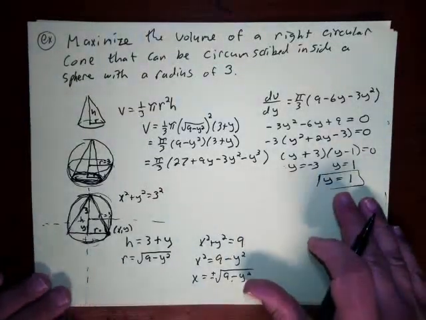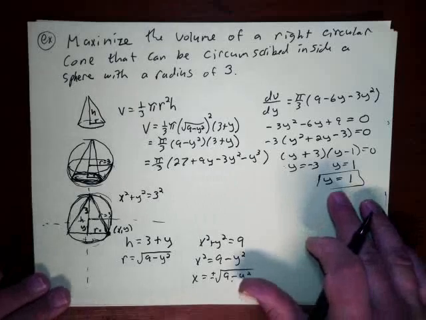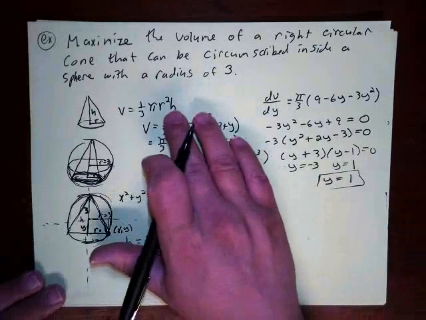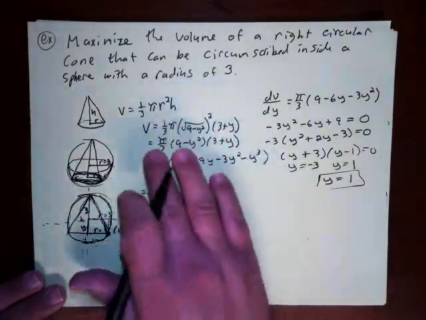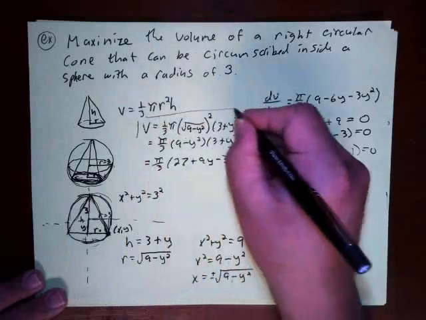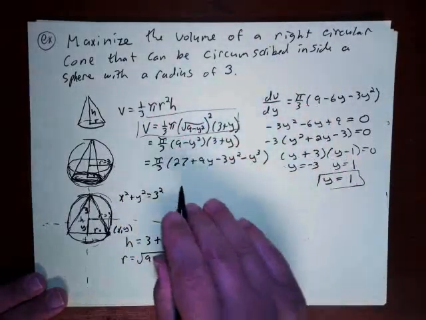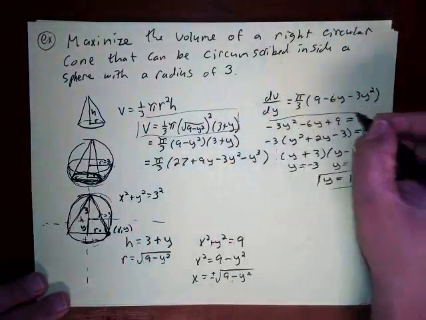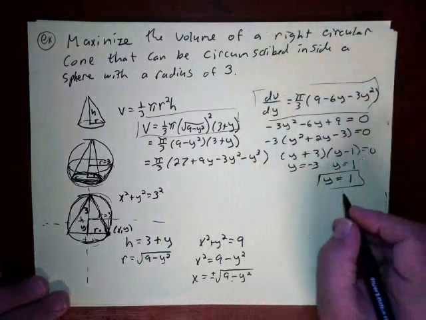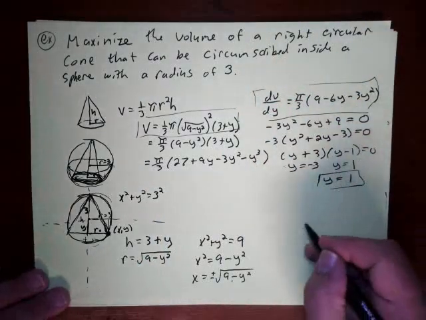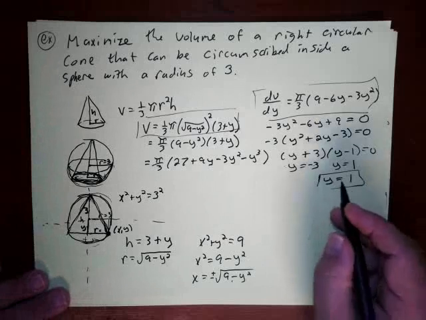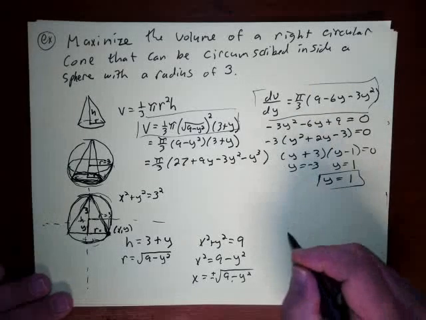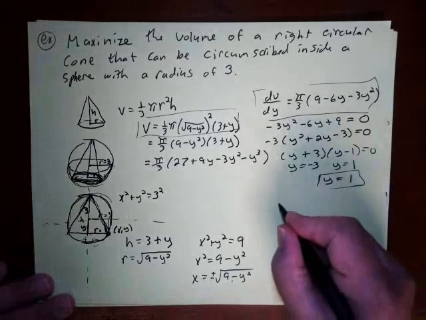And now what I want to make sure is that this critical point is going to make this volume a max. So what I'm going to do is take the second derivative of this and then make sure that that is negative. If the second derivative is negative at 1, then it'll be concave down, it'll be a max.